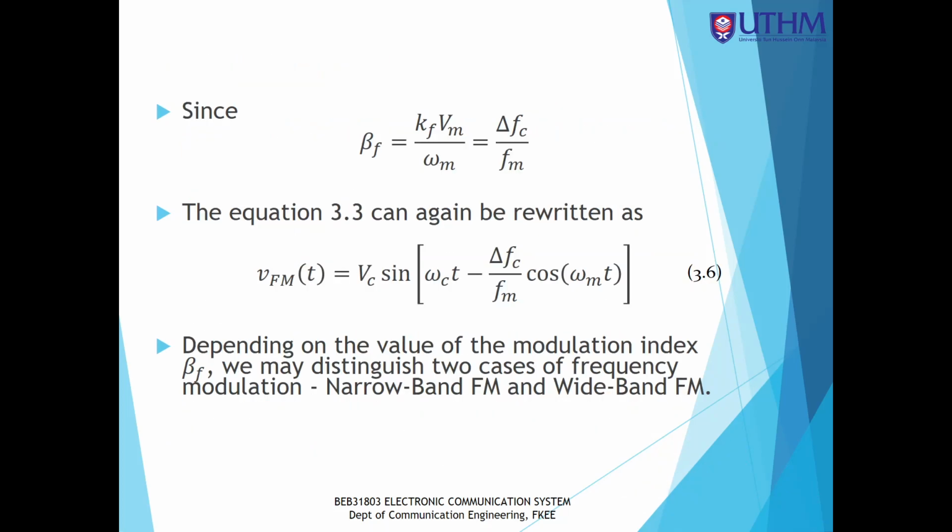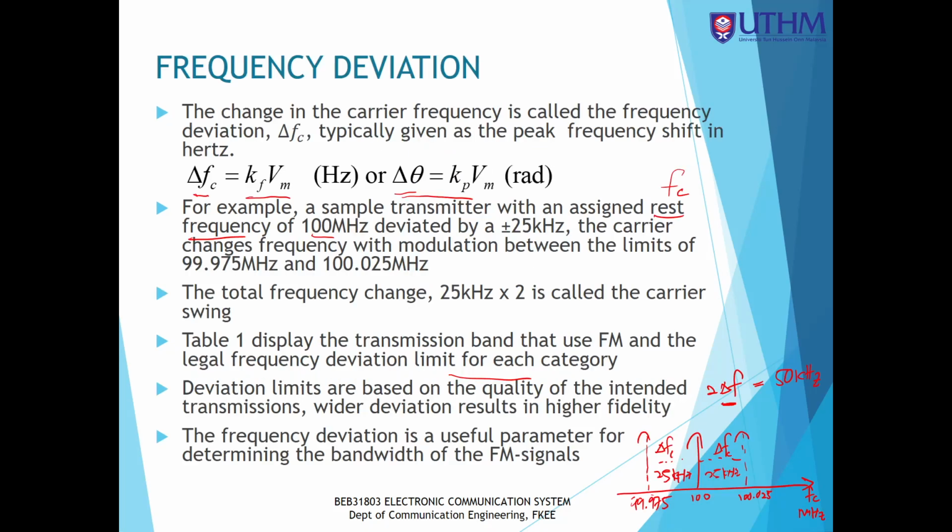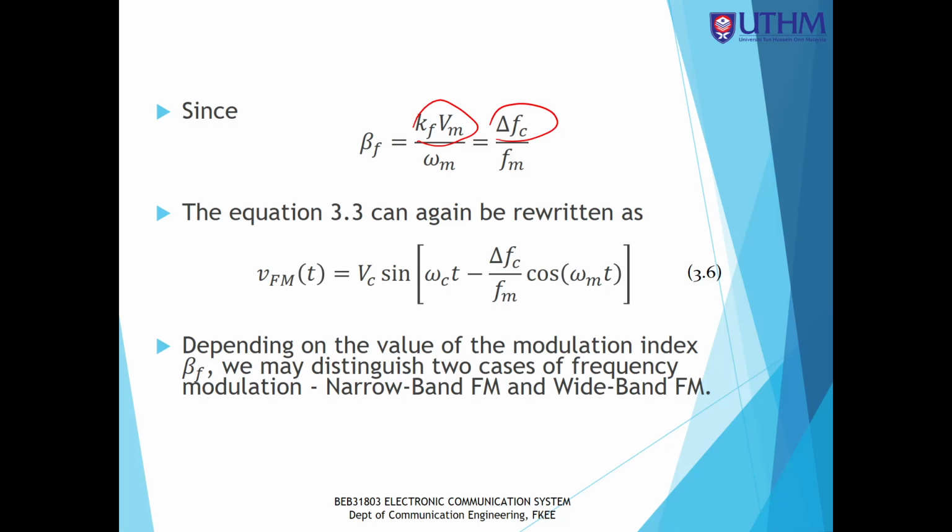And then what? Since beta F is equal to kf Vm over 2 pi Fm, we can replace kf Vm with delta F. Remember, kf Vm is delta F. So delta F divided by Fm.